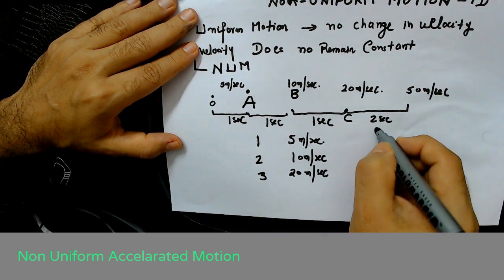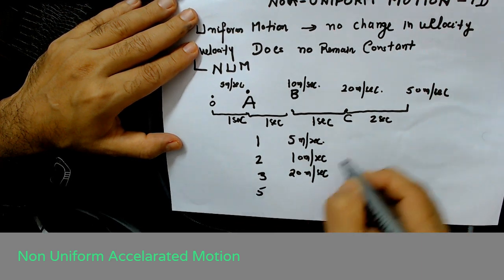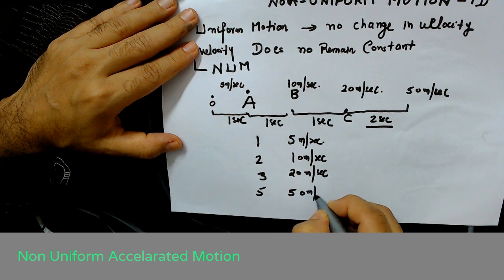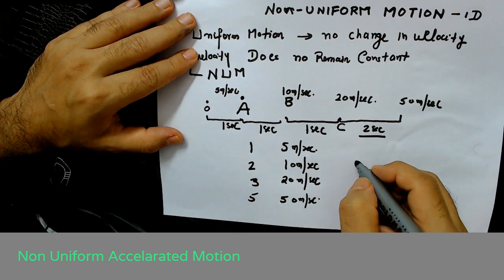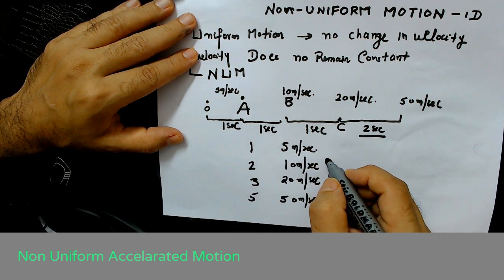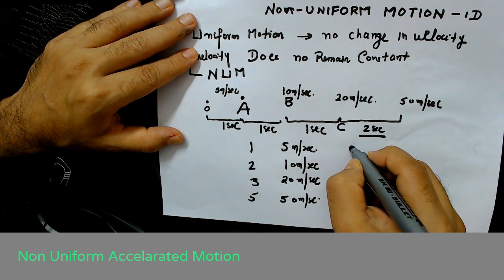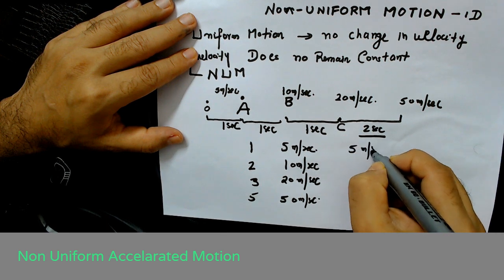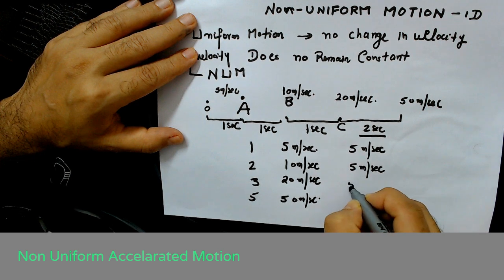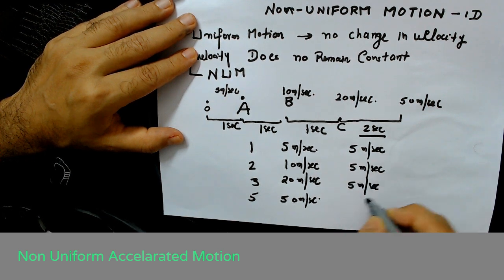And after 5 seconds, because I mentioned 2 seconds here, the velocity of the body is 50 meter per second. Now, if this were a uniform motion, whenever you would have measured the velocity of this body, it would have remained 5 meter per second, right? So this remains 5 meter per second. Okay.